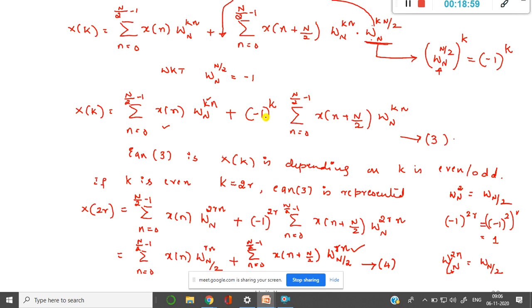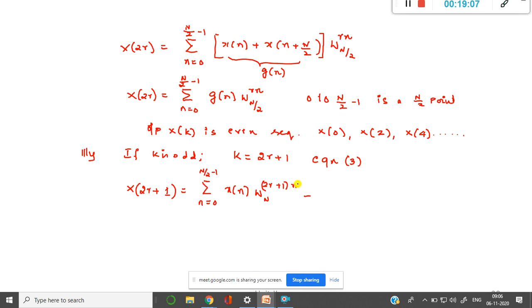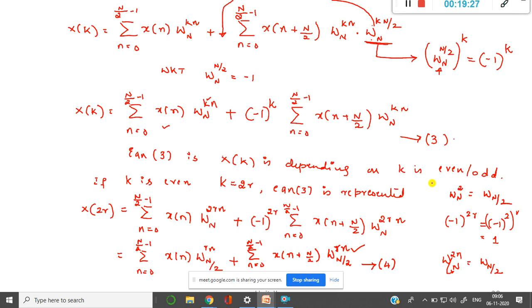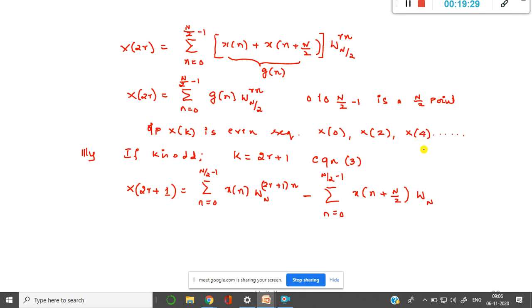And minus 1 whole to the power of 2r plus 1: since it is odd, I'll just write minus, because the entire thing is going to be minus 1 there. So again summation n runs from 0 to N by 2 minus 1, x of n plus N by 2 W_N to the power of kn. Instead of kn I will write 2r plus 1 into n, right?